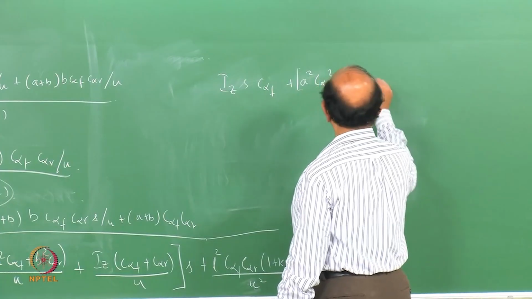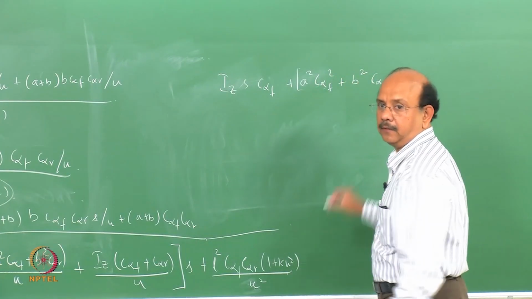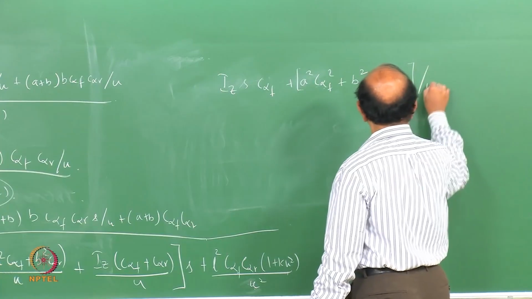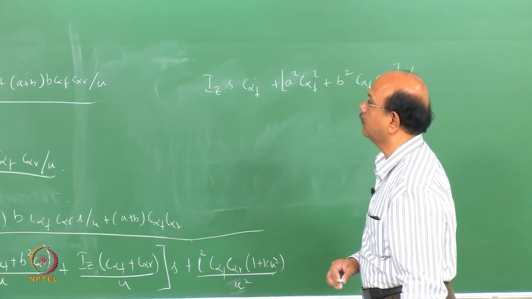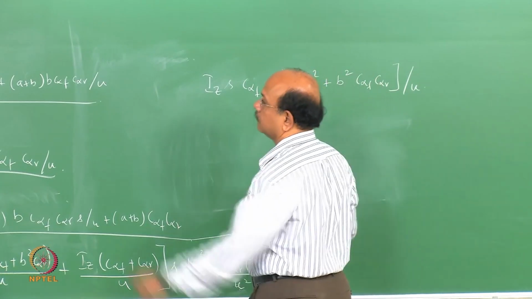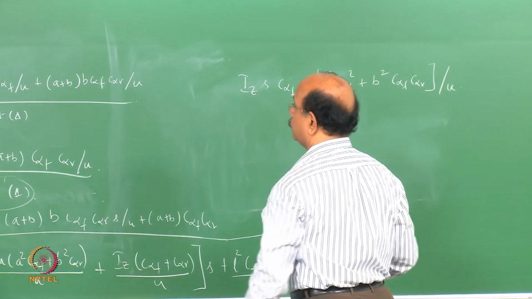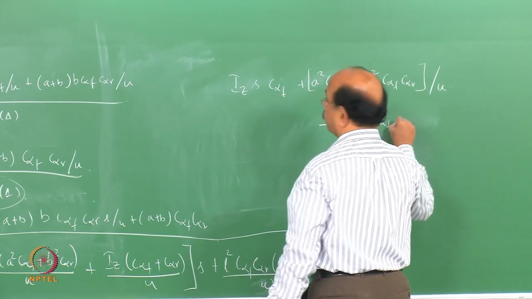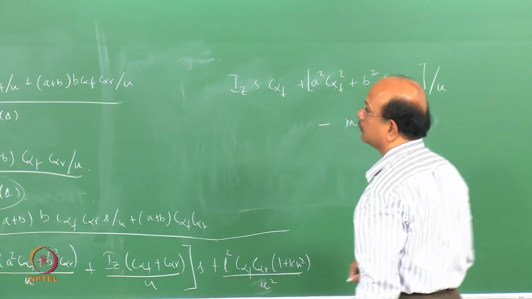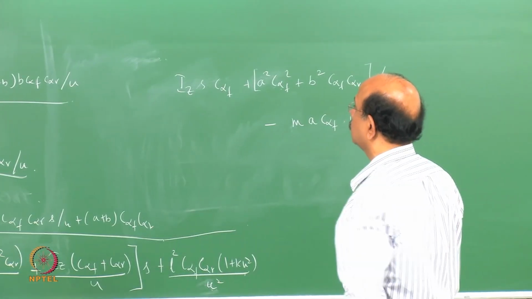C alpha f C alpha r, divided by U, that's the second term, minus, what's the first term? A C alpha f into M A C alpha f into U, right?